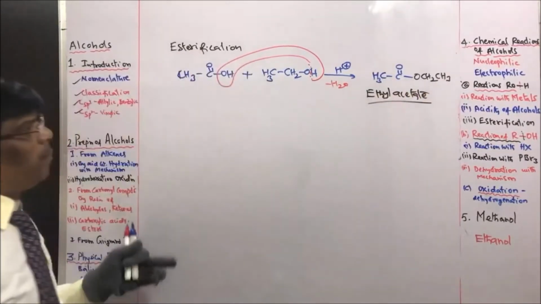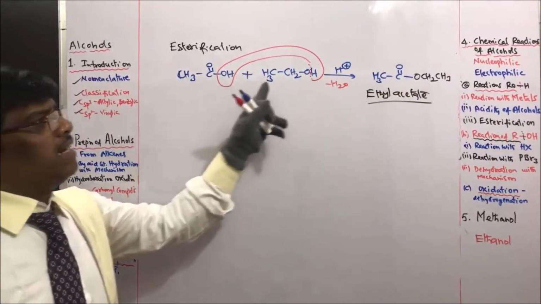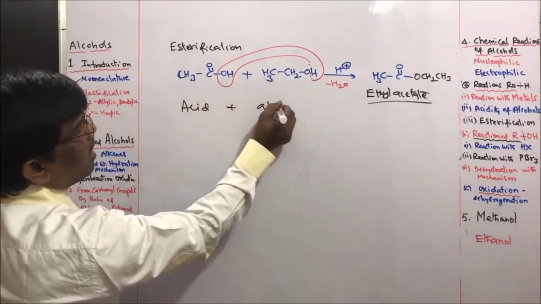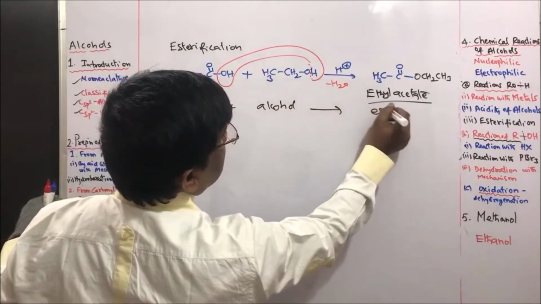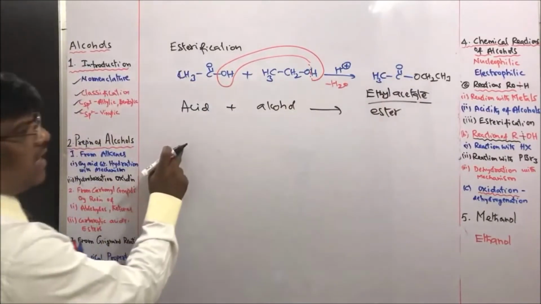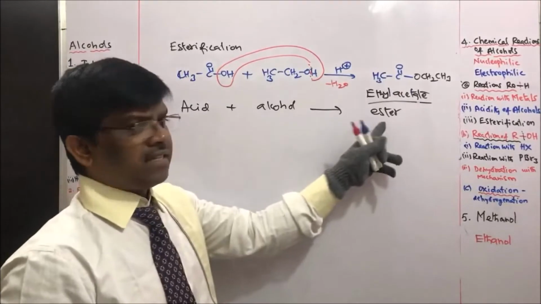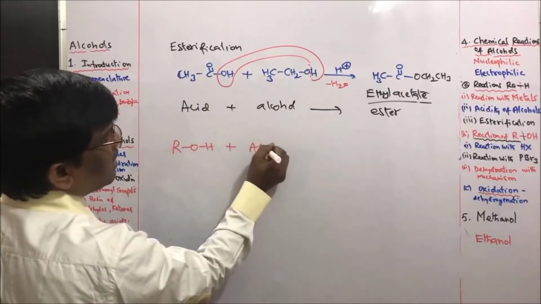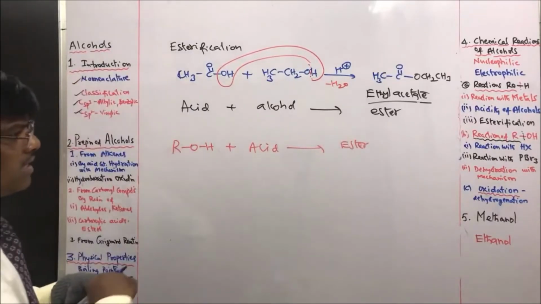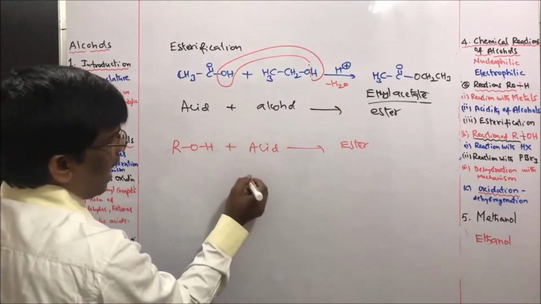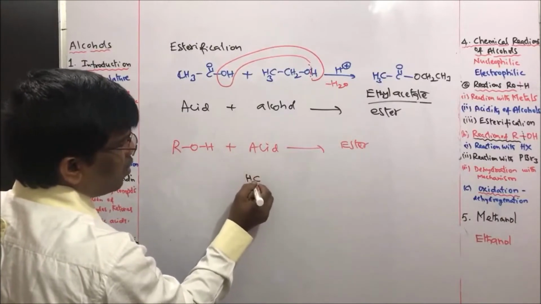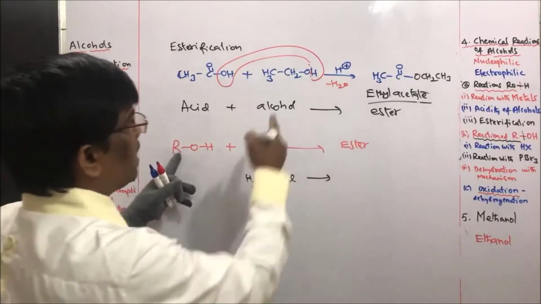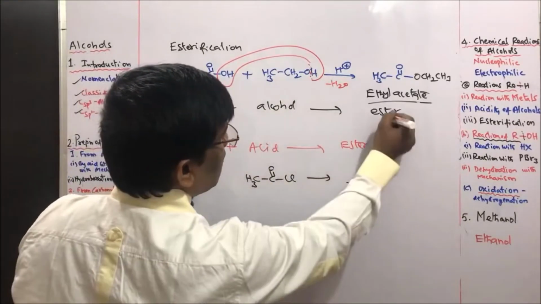Ethyl acetate can be prepared from acetic acid and ethanol; acid with alcohol gives ester. Or I can write alcohol this side plus acid gives ester. In place of acid, I can take acid chloride, for example CH3COCl, acetyl chloride, and with the same ethanol I am going to get the same ester.